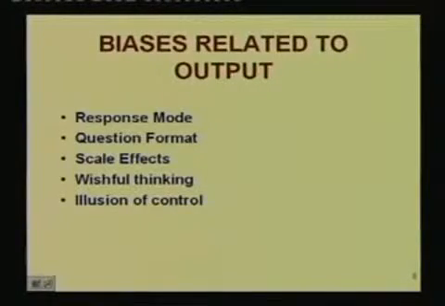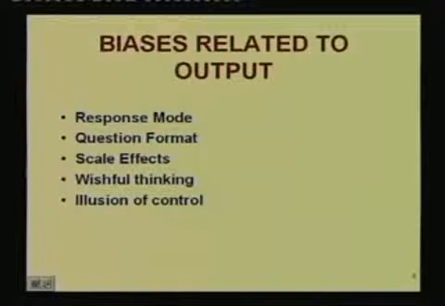Now biases due to output. Some of the important ones are response mode, question format, scale effects, wishful thinking, and illusion of control. What actually happens is that when an output is given to the ultimate recipient, certain biases can come in.